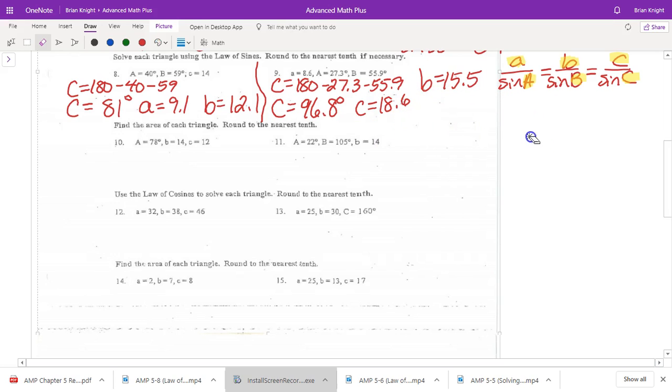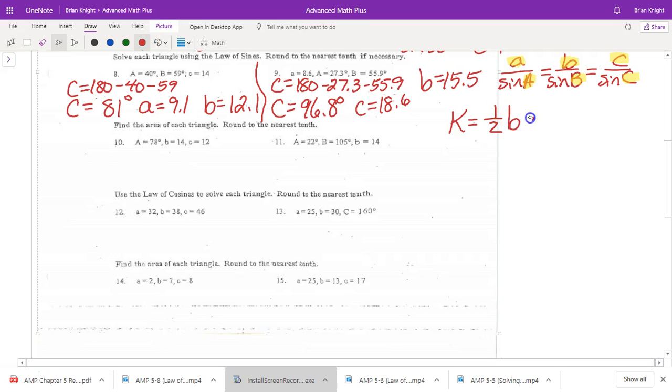All right. Number 10. Find the area of each triangle. So, how many angles did they give me here? 1. When they give you just one angle, that's the one where you're using K equals 1/2 the two sides times each other, which in this case, what's my two sides? 14 and 12, b and c.